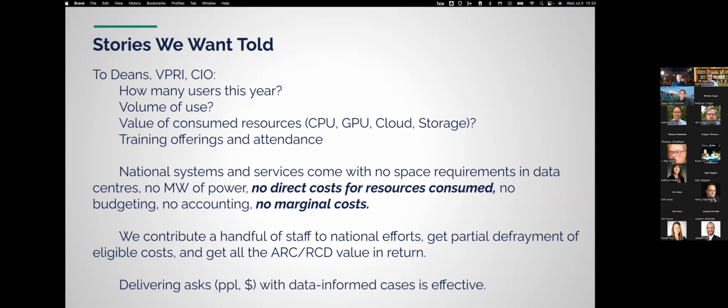And so when I'm talking to the VPRI or my boss, the CIO, delivering my asks for additional staff or dollars with data-informed cases is always the most effective approach. When we can show the use and what we offer to the researchers, it makes the story more compelling than, well, I'd like to do this because that would spread the work around by one additional staff member.